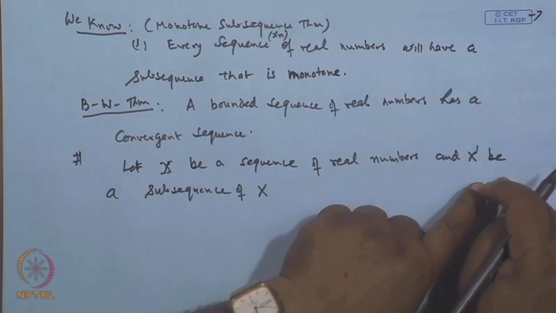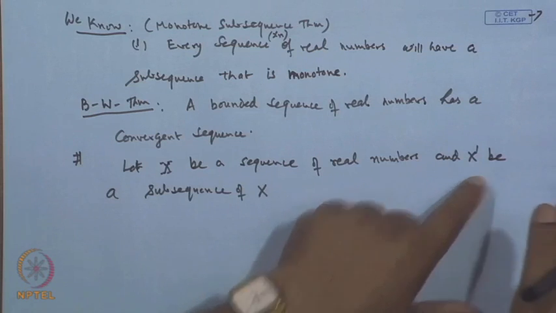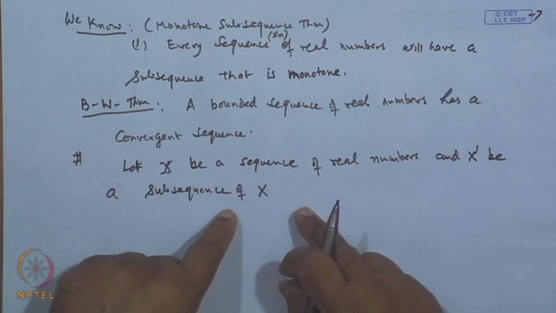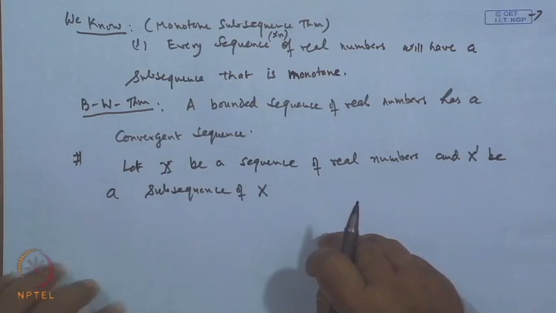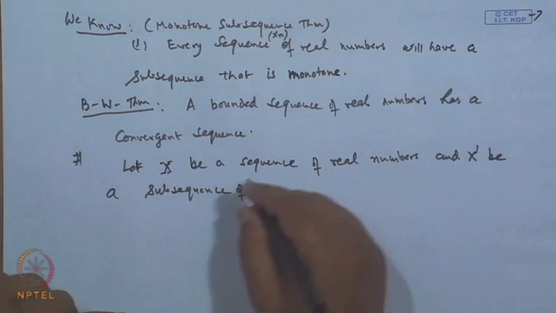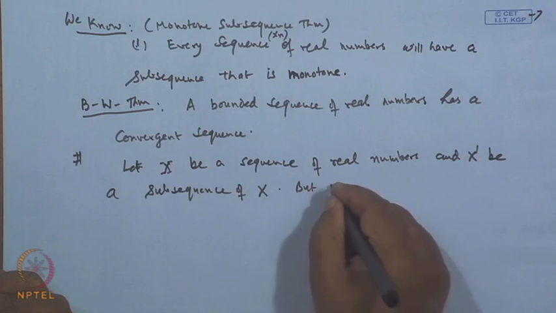Now, if we consider x dash as an independent sequence, then it is also a sequence. So, again we can identify a subsequence of x dash.